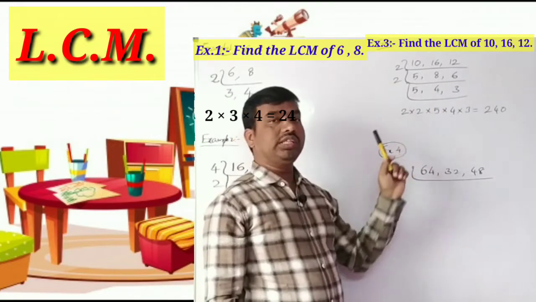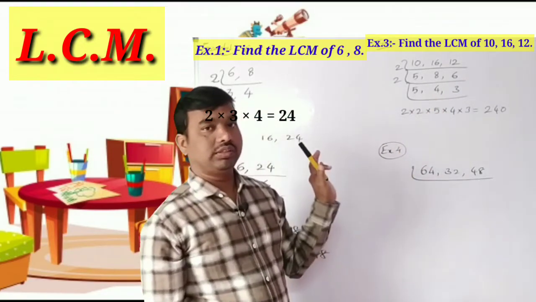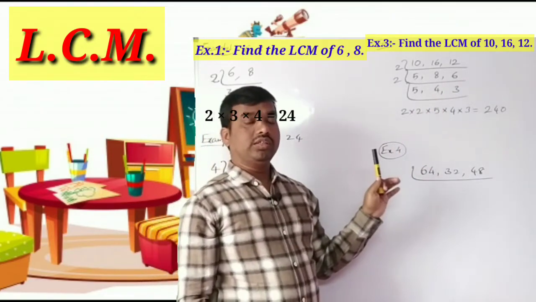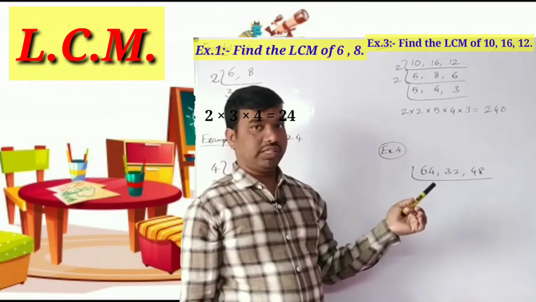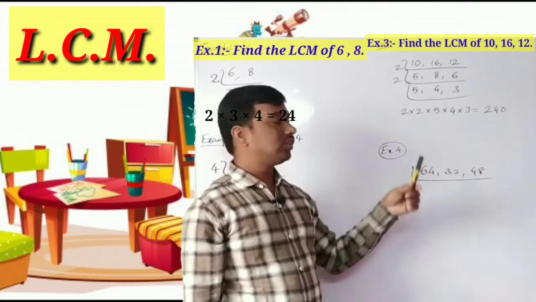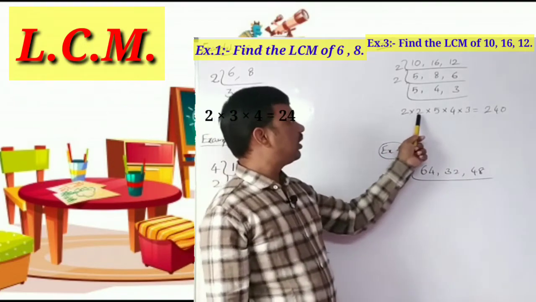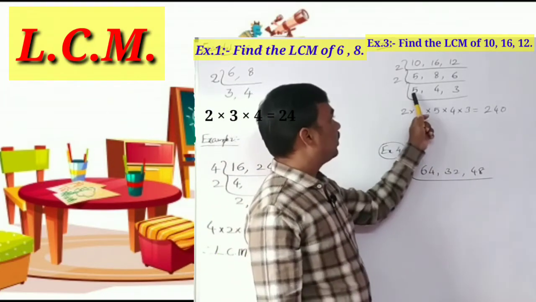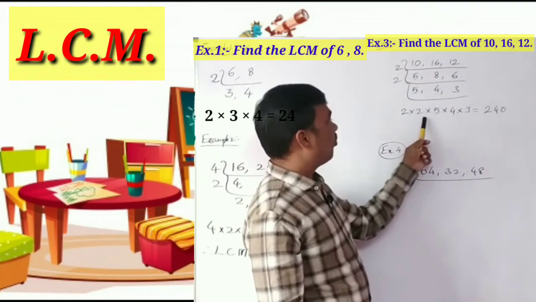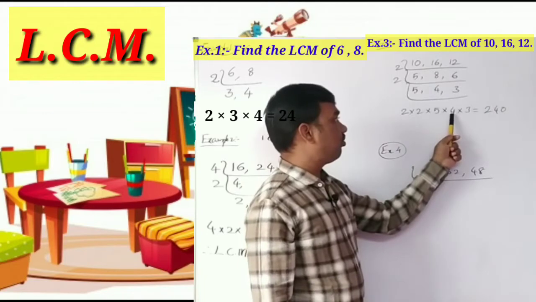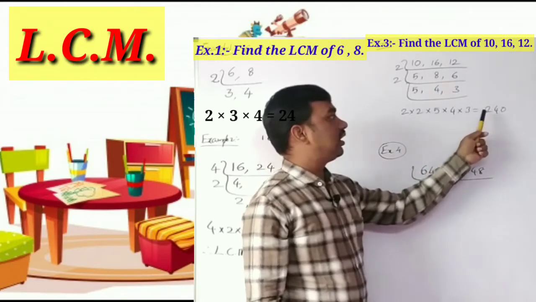So here are 3 different numbers. For any number, at least two numbers should divide. So stop here. So 2 into 2 into 5 into 4 into 3. 2 2s are 4, 4 5s are 20, 20 4s are 80, 80 3s are 240.